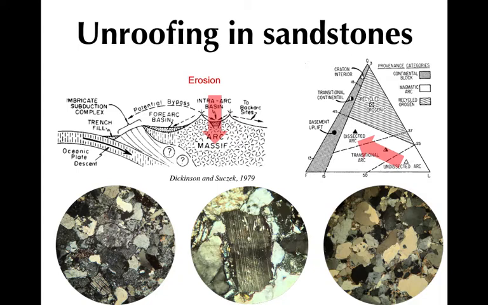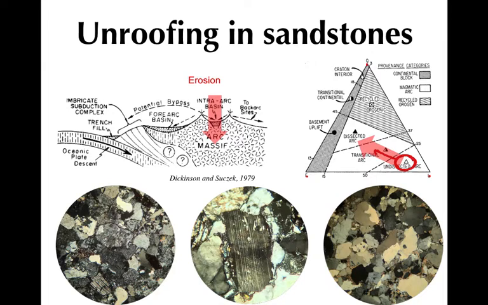So, for example, if you have a volcanic arc that is uplifted and eroded away, initially you may have volcanic rocks exposed at the surface, and that's going to produce mainly rock fragments. But as you uplift a volcanic arc, you're going to tend to get more and more quartz and more feldspar as you reach more deeply into the plutonic roots of the volcanic arc.